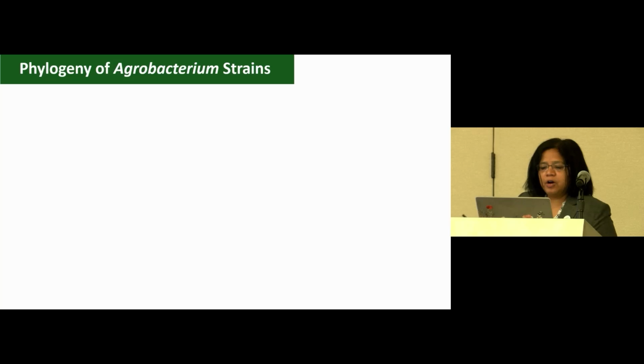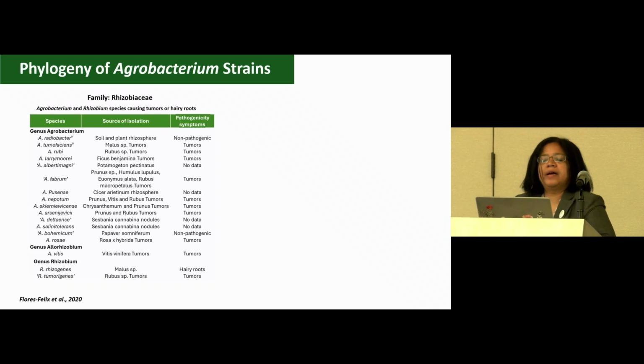This slide talks about the phylogeny of Agrobacterium. It belongs to the family Rhizobiaceae. Many times you will hear the word Agrobacterium or Rhizobium, and the classification has been debatable and keeps evolving, because of the uniqueness of Agrobacterium and how people see that it causes disease, and which factors or DNA regions of the Agrobacterium cause the disease.